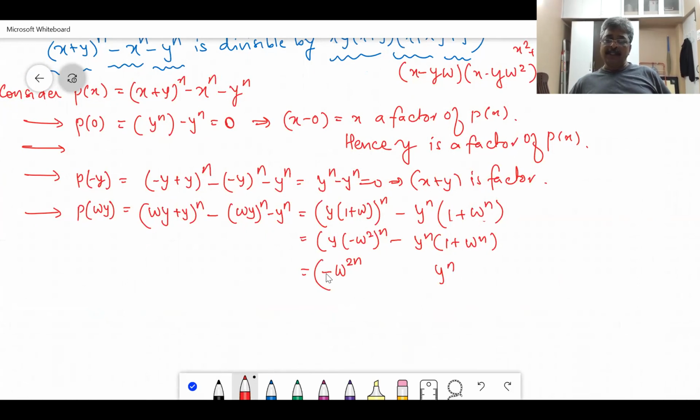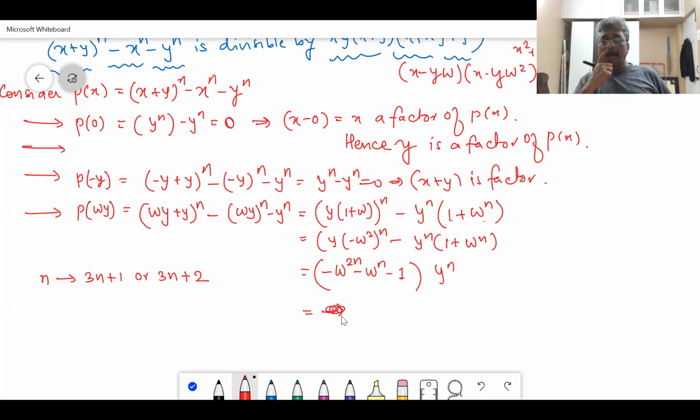Then what goes inside is minus omega raised to 2n minus omega raised to n minus 1, into y raised to n. Right? Now you will observe n is either 3n plus 1 or 3n plus 2. So if n is 3n plus 1, then what does this become? Let us take the minus sign out.